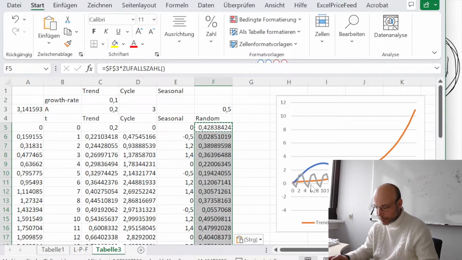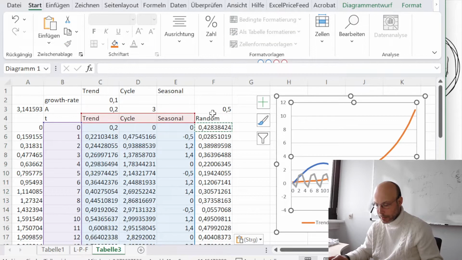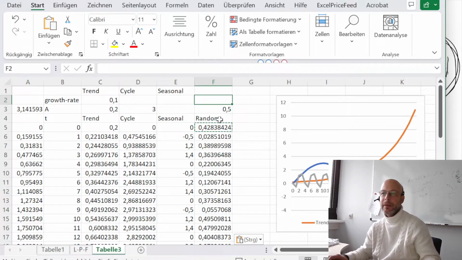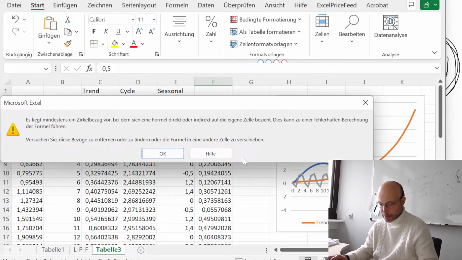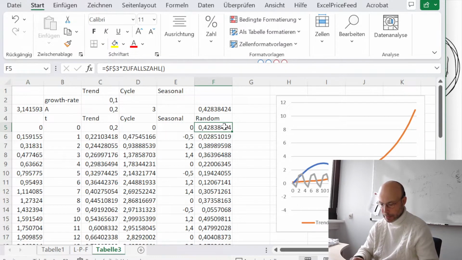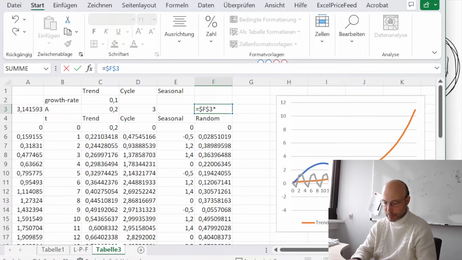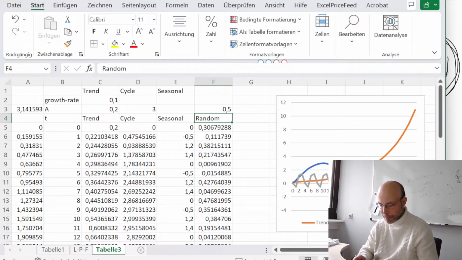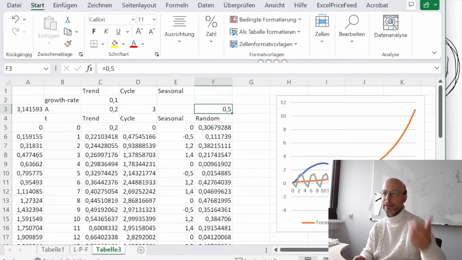You have to be careful in Excel: if I go into the cell and press enter again, your program always recalculates the random variables.